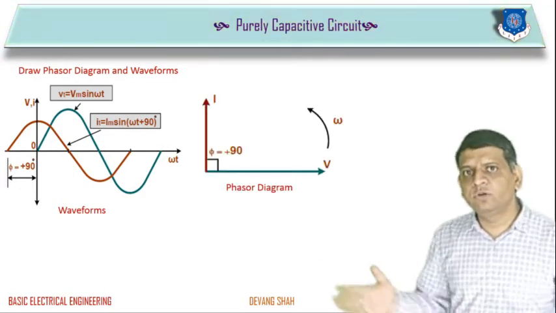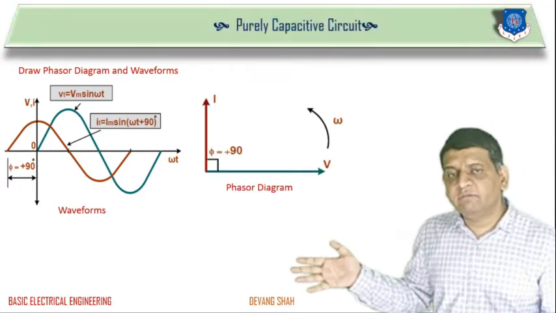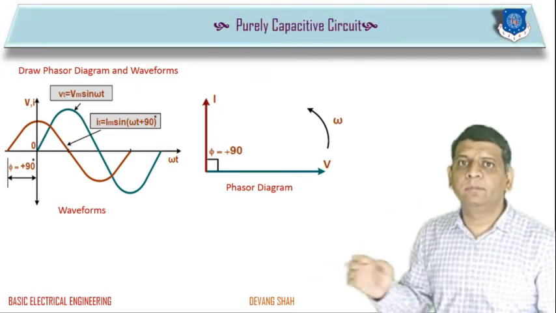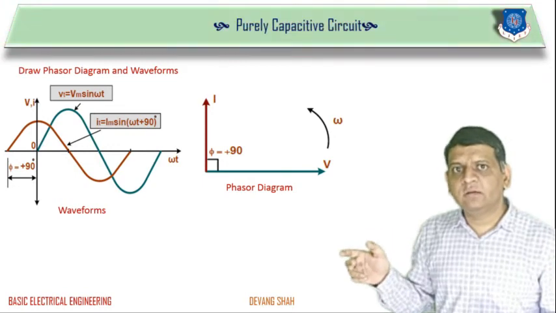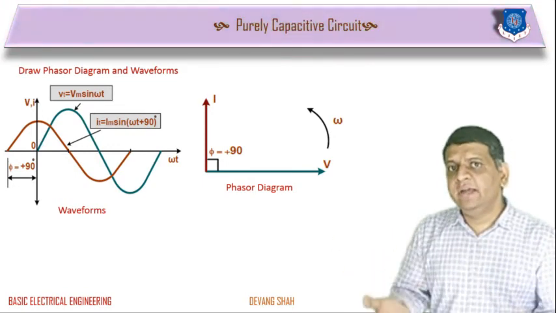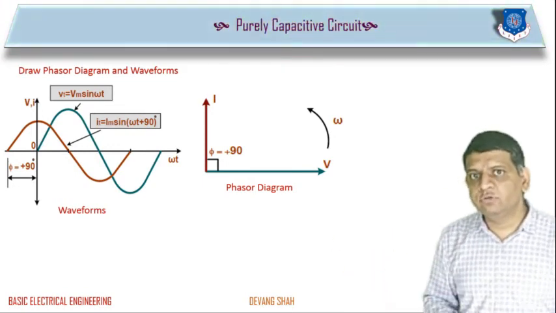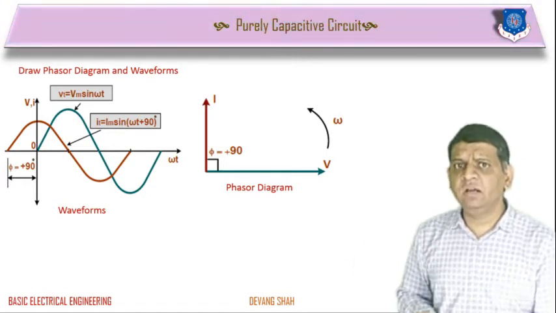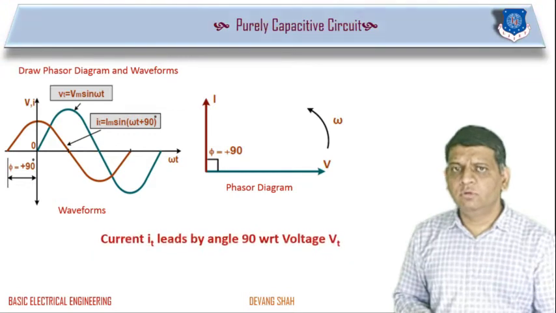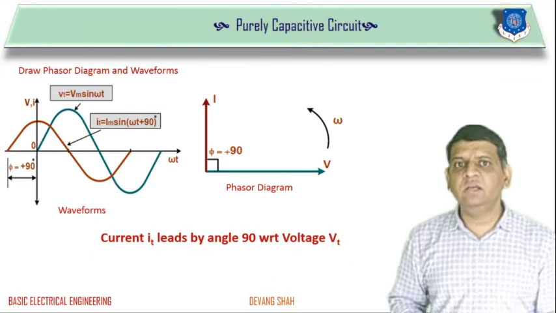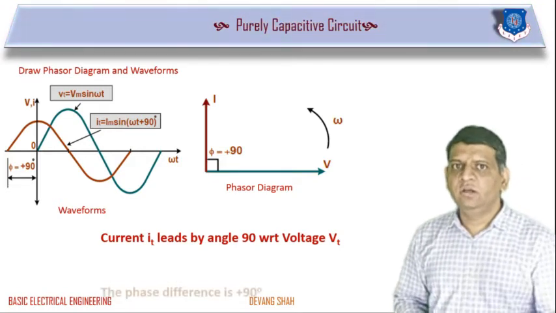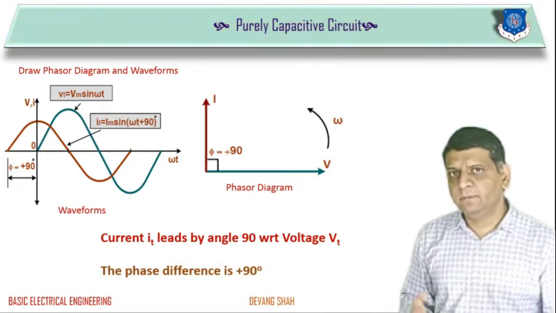Same thing you can observe using the phasor diagram, when voltage starts at the angle 0, but before that current has already started at plus 90 angle, where these two vectors, voltage and current, are moving in an anti-clockwise direction with the same angular velocity. So here current is always ahead by angle 90 with respect to voltage v. So you can see here current i(t) leads by angle 90 with respect to voltage v(t), right? So here the phase difference is plus 90.